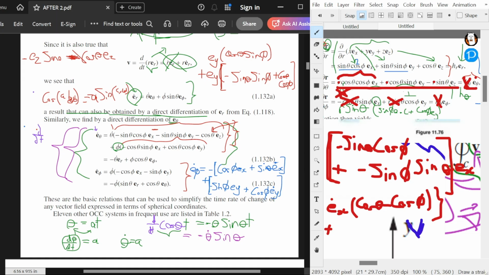I already did some work here. Okay, cos theta EX. I think everything remains the same. I just need to add in the theta dots in front of these guys. Theta dot, theta dot, theta dot. Wait, not necessarily.